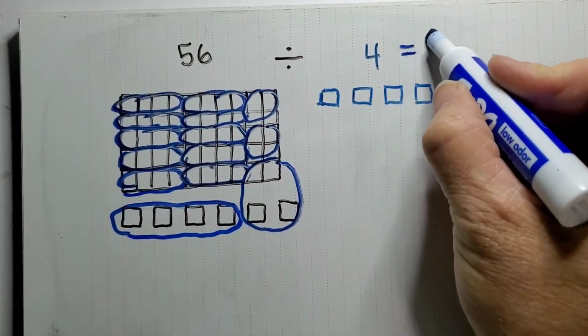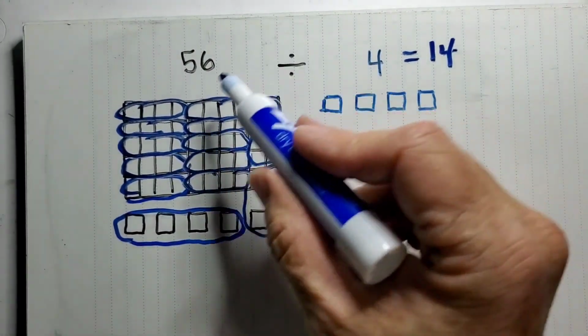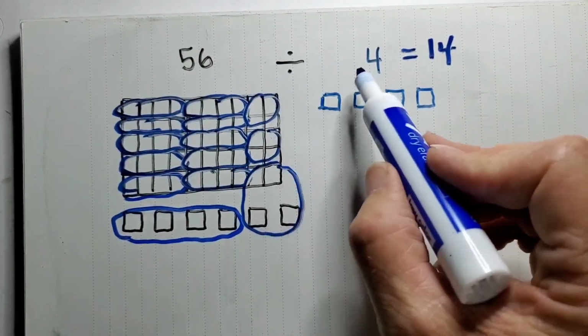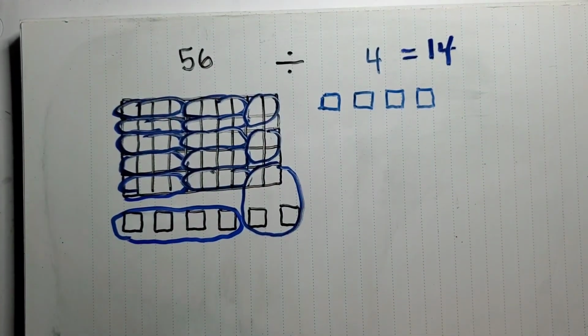There are 14 4s inside of 56. Therefore, 56 divided by 4 is equal to 14.